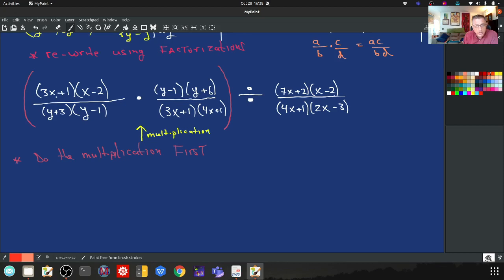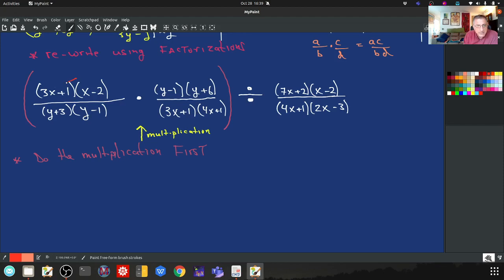So you just focus on the numerator, and this is 1 factor, 2 factors, 3 factors, 4 factors. So I go factor by factor and see if that same factor is in the denominator. So let's start with 3x plus 1. Do I find a 3x plus 1 in the denominator? Yep, I do.